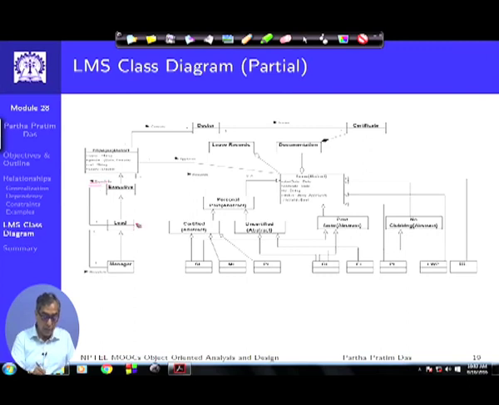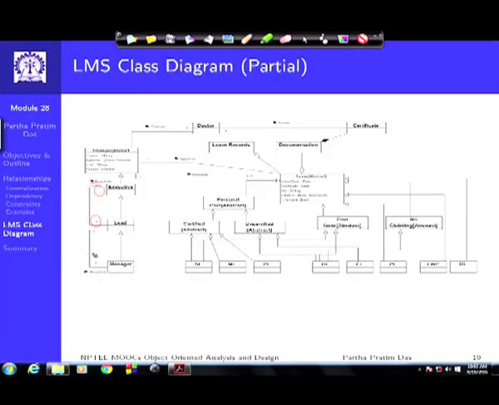The executive reports to the lead with the multiplicity of 1 on the lead side and any on the executive side, which means that many executives could report to a single lead, and it is possible that at a point of time a lead does not have any executive reporting to her. Similarly, the same kind of association exists between lead and manager. We could identify several others.